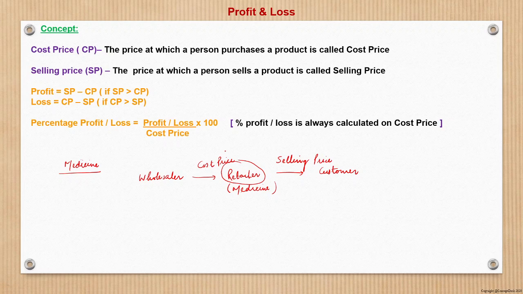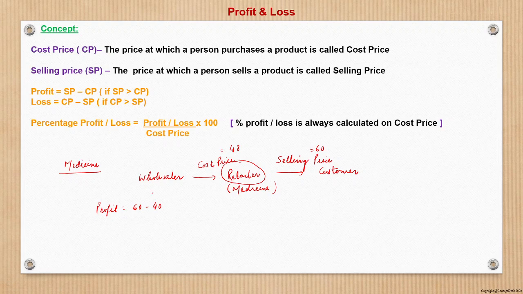Now suppose the retailer had bought for say 48 rupees and the retailer sold at say 60 rupees. Since the medicine store gentleman bought the medicine at rupees 48 and sells it at rupees 60, profit is nothing but 60 minus 40.